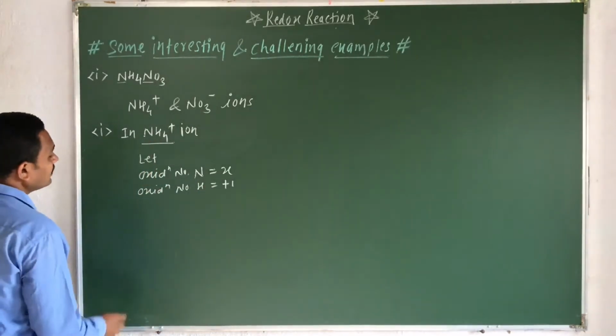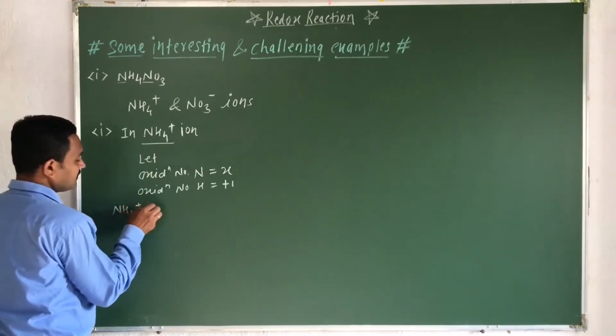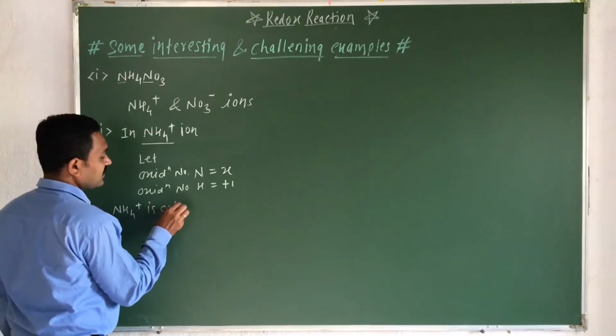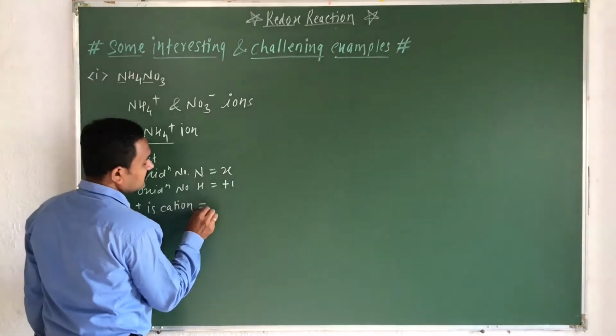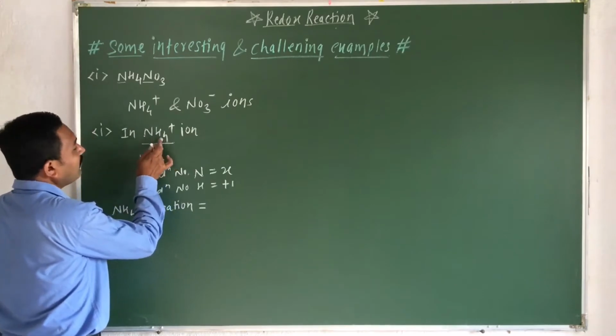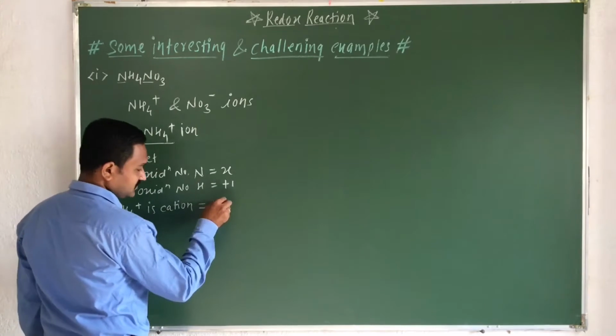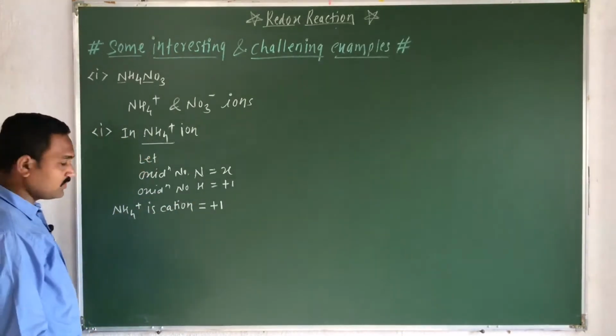This NH4 plus ion is a cation, hence the oxidation number of all atoms in the ion equals the charge on it, that is plus 1.